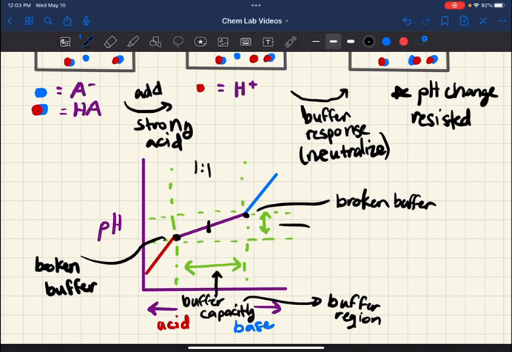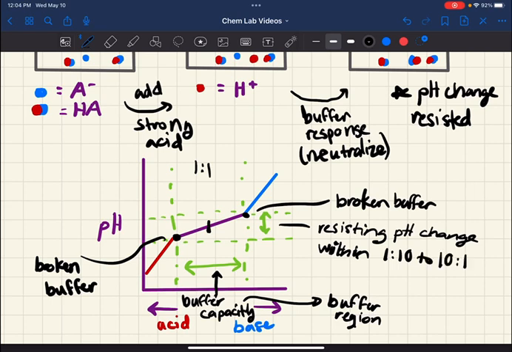My vertical arrows here I'm using to represent resisting pH change. Also, within the buffer region, we have the 1 to 10 to 10 to 1 ratio.